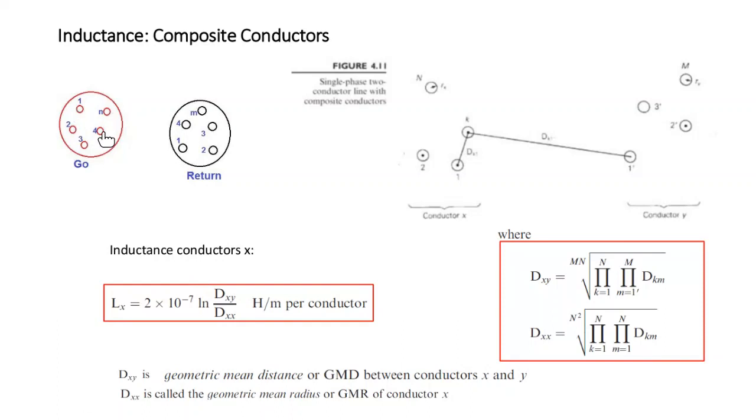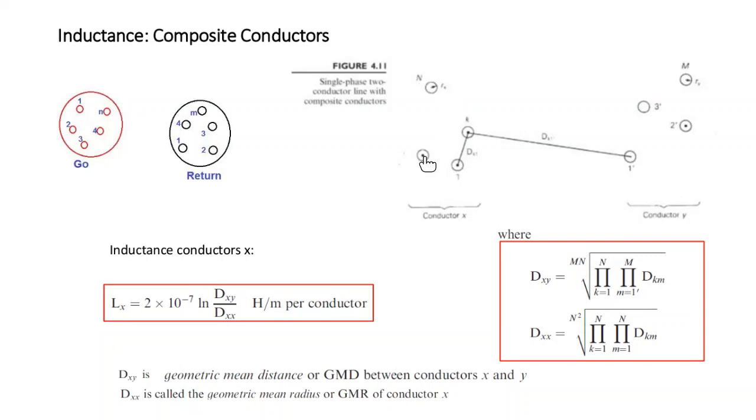So 1, 2, 3, 4, 5, N. And this is 1, 2, 3, 4, 5, M. So this is a single phase. We can draw it like this: 1, 2, 3, 4, N.